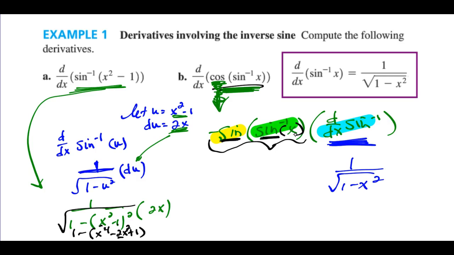Way back in section, it might have been 1.3 or 1.4, when I talked about introducing trig to you, some of you remember how to do this by letting theta equal the sine inverse of x. And inverse really literally means every time you see an x, write a theta, and every time you see a theta, write an x.